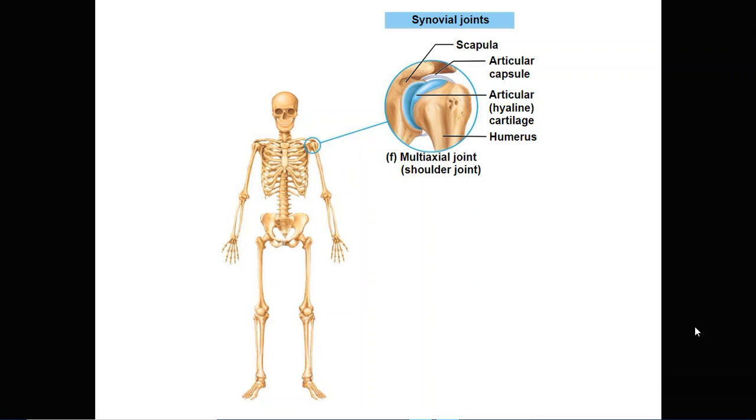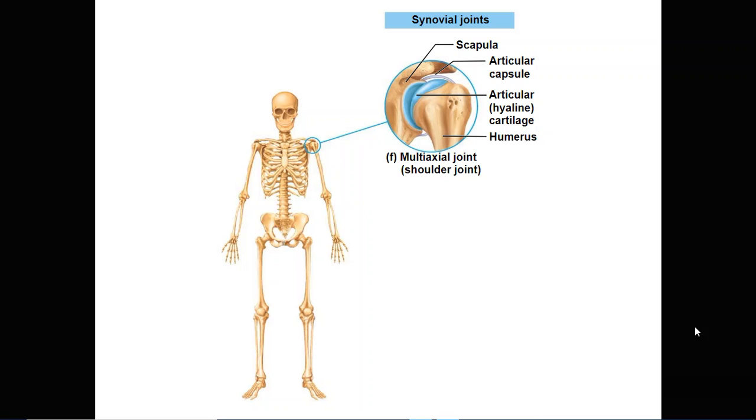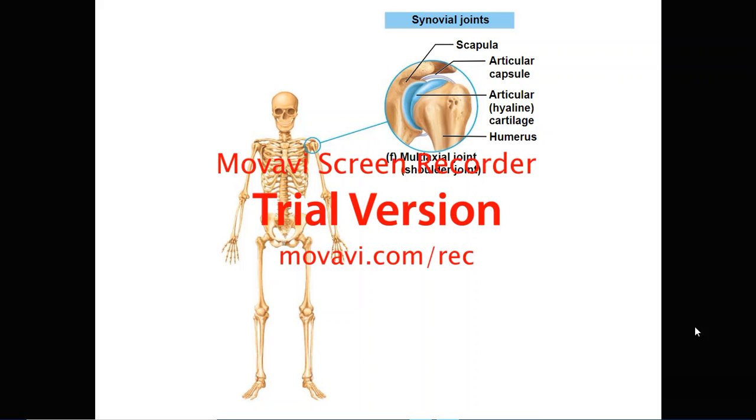Multi-axial just means that it can move in all three planes. So your ball and socket joint can move in all three planes. You also see the articular cartilage, which is made out of hyaline cartilage, and the articular capsule. But again, this is just showing you the location of different places synovial joints are found.